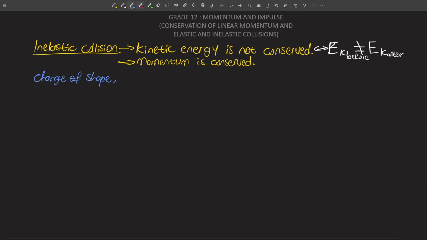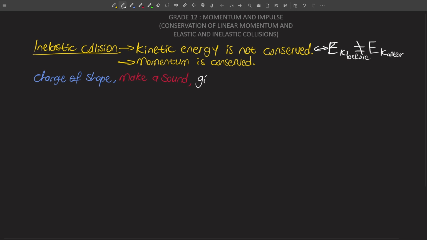That's an inelastic collision. There was energy lost. Or they make a sound during collision. This means it's an inelastic collision. That kinetic energy is now released in the form of sound.